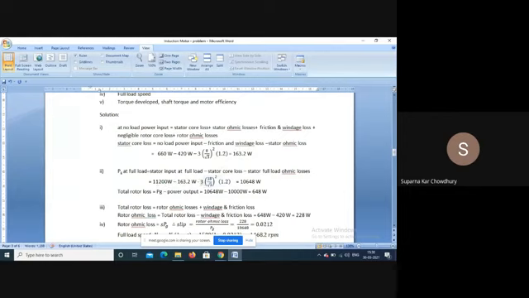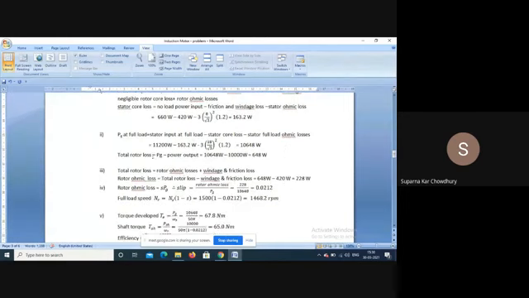So three phases, current is 18. This is delta connected, so (18 by √3) square into 1.2. So your air gap power is 10.648 kilowatt.